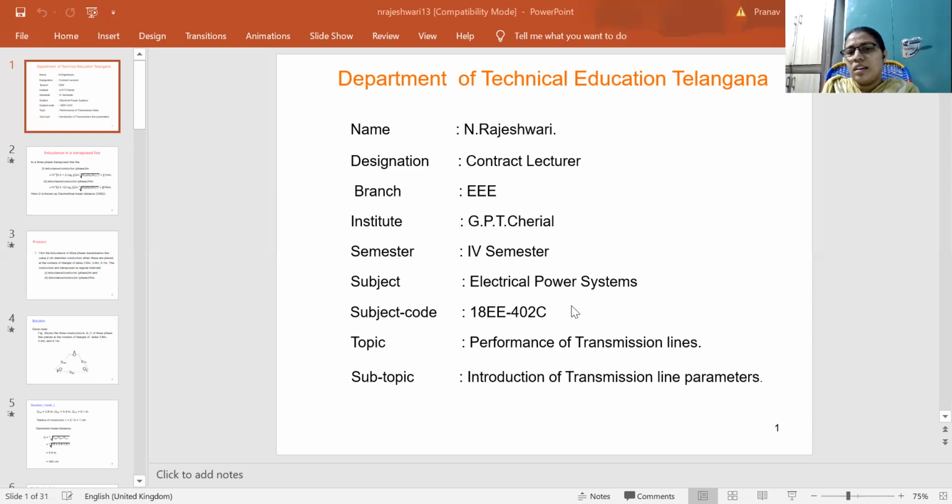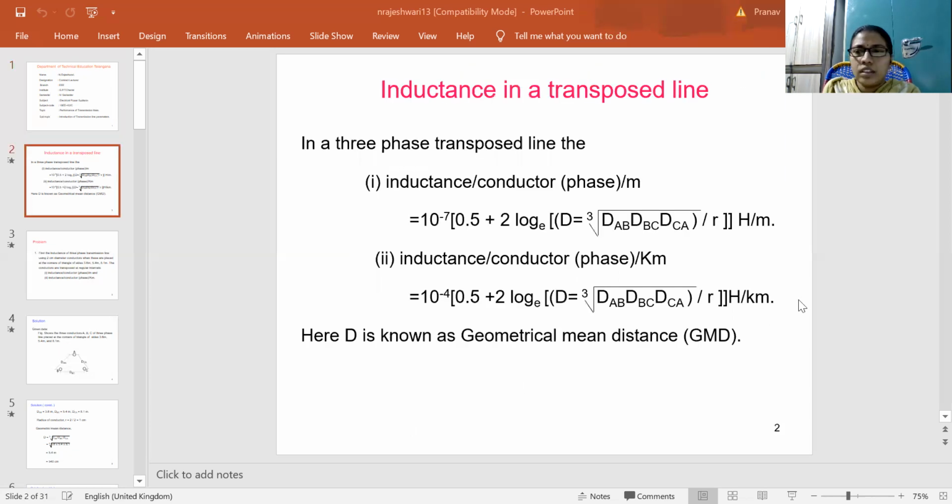Today, in this class, I will explain the inductance of transposed conductors and also the capacitance of conductors in transmission lines. So, inductance in a transposed line. In a three-phase transposed line, the inductance per conductor per meter is given by 10 to the power of minus 7 into 0.5 plus 2 log of D equivalent, which is equal to the cube root of DAB, DBC, DCA, divided by R, Henry per meter.